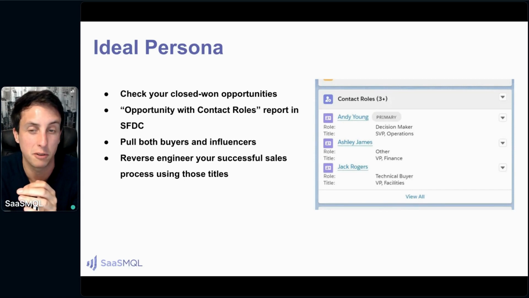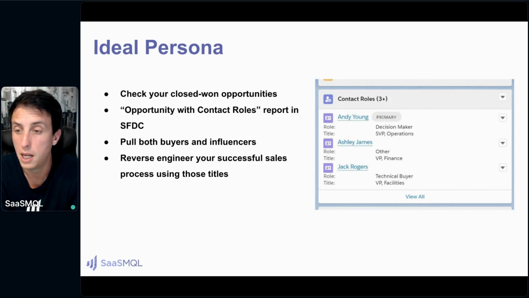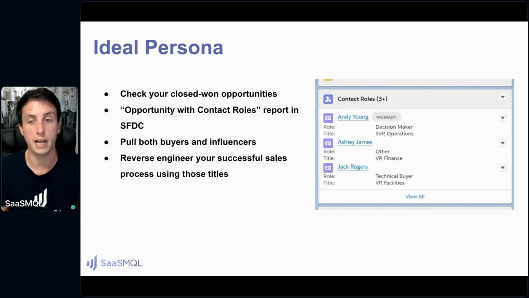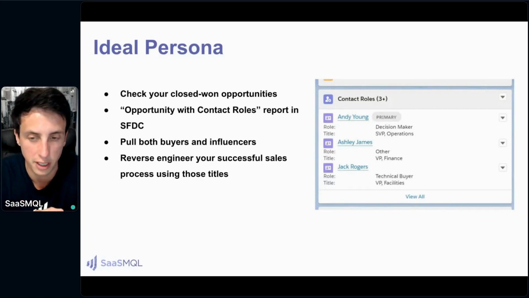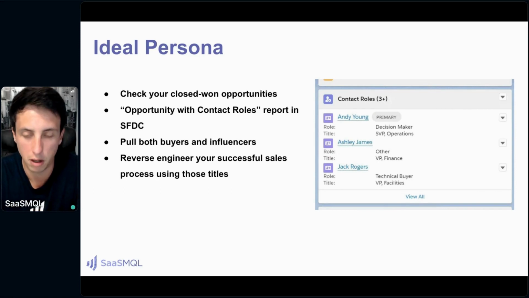So if you target those from the beginning, you might just find a block and you won't be able to move forward. So you want to see who does the initial evaluation of your solution, and that might be just a technical buyer, someone who is more on the day to day, that you need to influence first to then arrive at the director, the VP, the C level. It depends what the path is, but you want to reverse engineer that path to close using your actual data. So then you can form the list of titles.